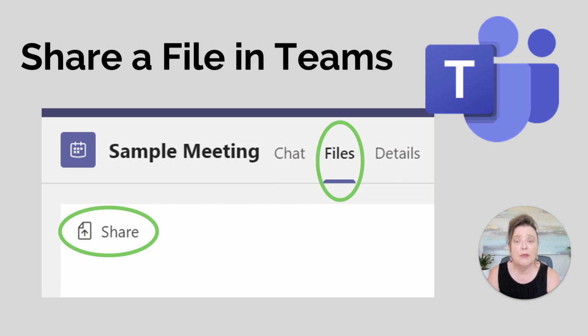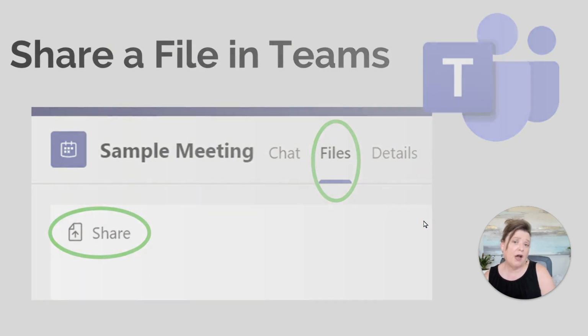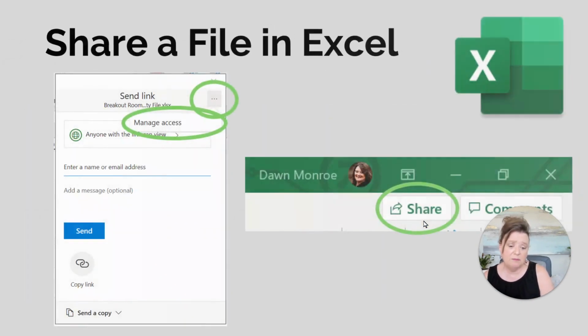I sure can do that. Once I have created a meeting, it's organized a link for me, it's ready to go, and I've saved that meeting to my Teams calendar or my Outlook calendar. If I go into Teams and open it back up, now I'm going to see some extra tabs in there, and one of them will be files. So you can begin to upload files directly into a team meeting at that point.